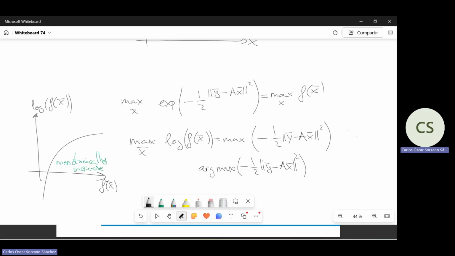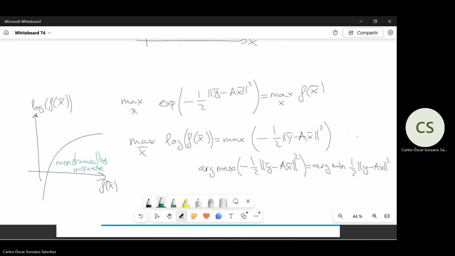Very often we are loose and we omit the argument, but if you want to be strict, you have to put the argument. It's the same as the argument that minimizes the negative. It's the same argument. So if x maximizes this, x is minimizing that because of the minus.